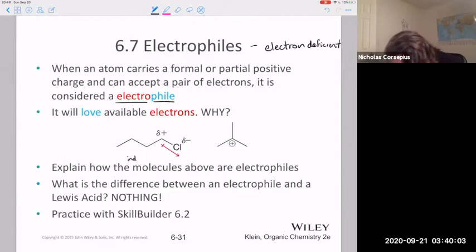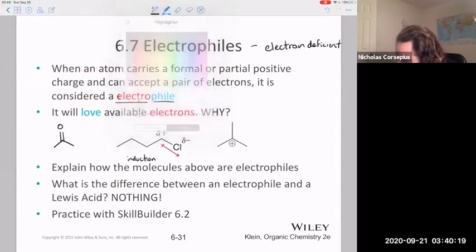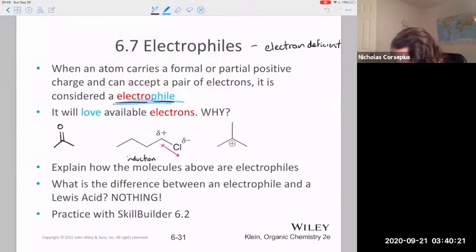Similarly, you can see them through induction, although you don't need something like a metal for this. This would be true if you had a carbon-halogen bond, or even something like a carbonyl bond. If I'm going to keep color coding here, my electrophile in this case would be the carbon that sits on the other end of these polar bonds.